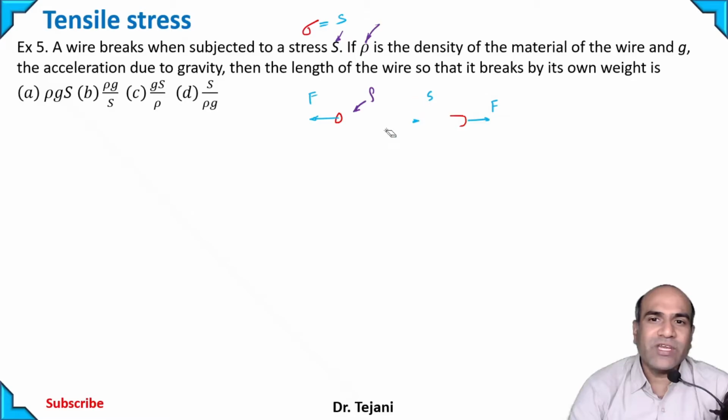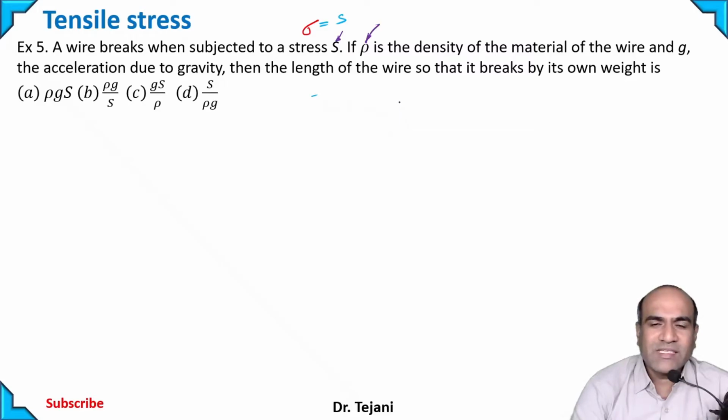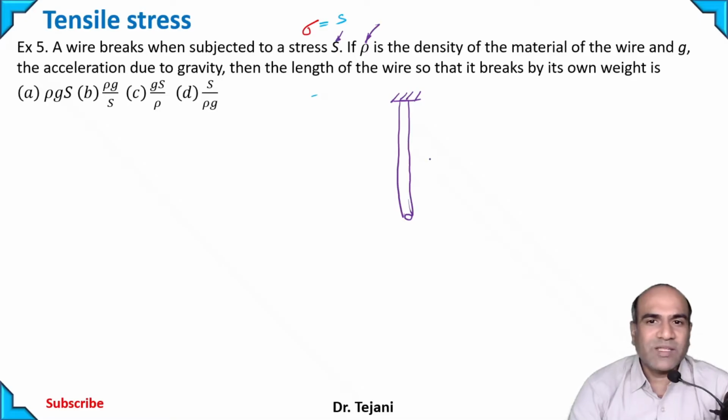So we need to redraw this object. Let's see, and we can put this in vertical terms, otherwise it may not break. So here this is our wire, and at the top side, let's say it is fixed. Because of its self weight, it has some mass, let us call it m.